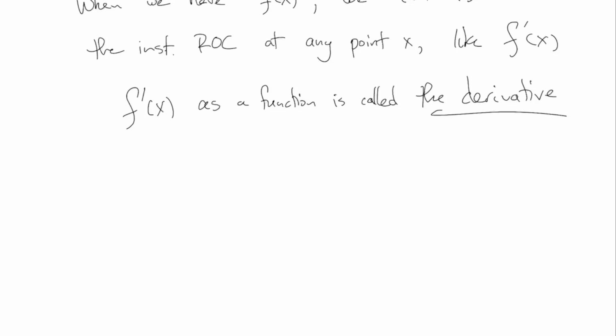So here's the definition of the derivative, f prime of x. It's the same instantaneous rate of change formula. The only difference is I'm using x everywhere instead of a.